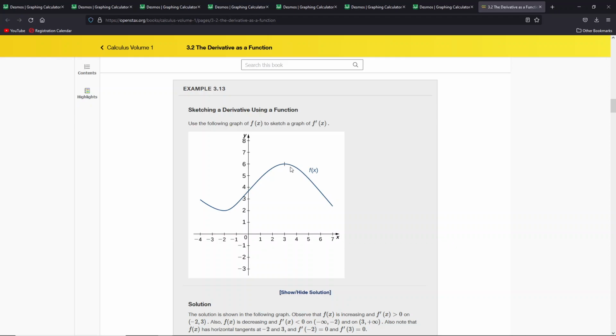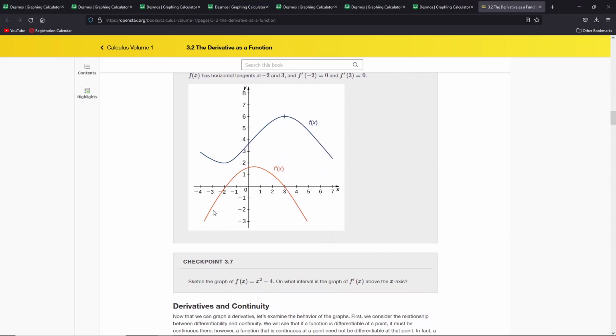And then it's just decreasing from then on, so the derivative will be negative from then on. So that's why they're saying that it's negative, then it's 0 at this point, and it's positive, and then it's 0 again at this turning point, and then it's just negative from then on.